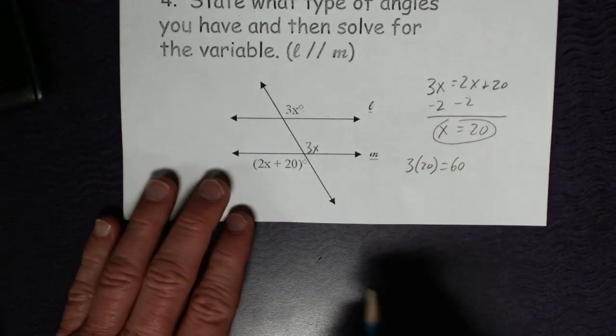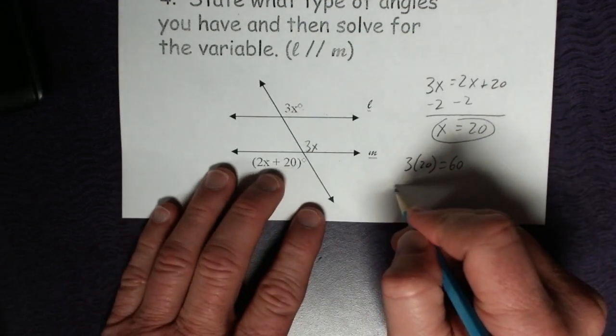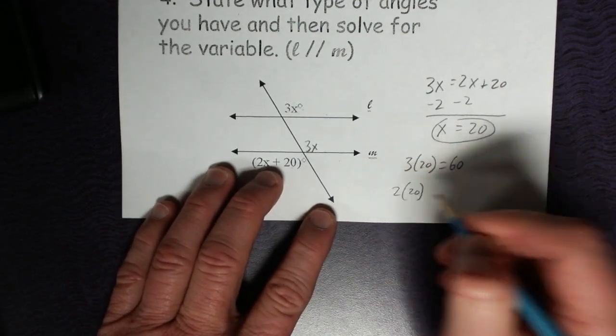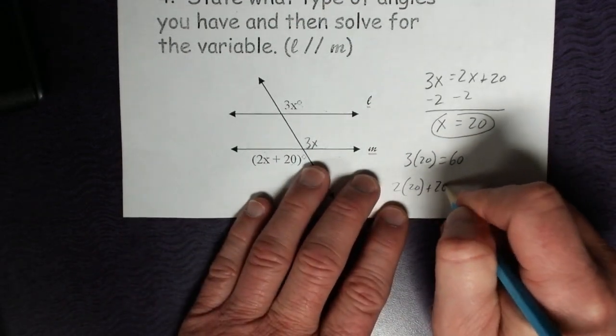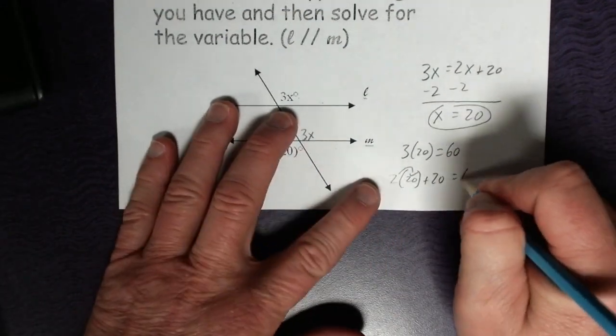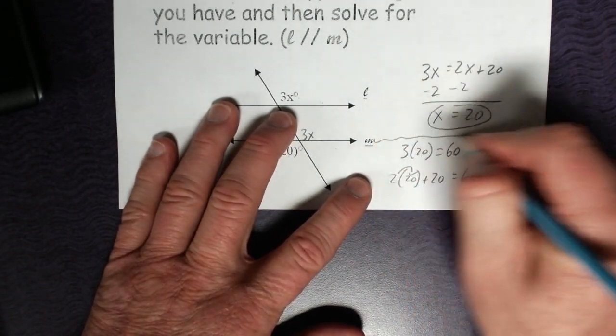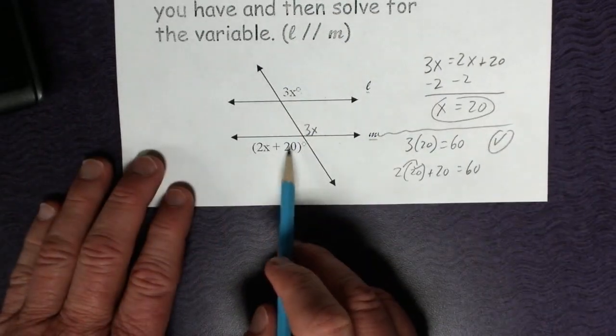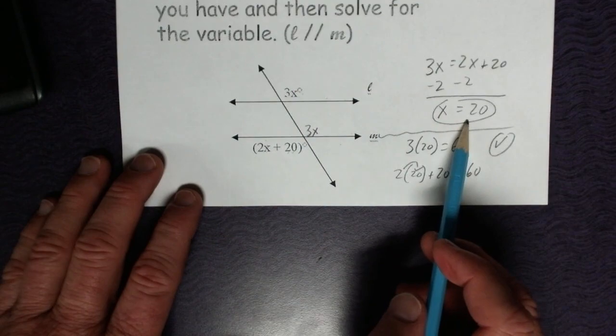And then I'm going to plug it in here. 2 times 20 plus 20, that's 40, plus 20 is 60. So that checks out. Both angles are 60, so our x is correct.